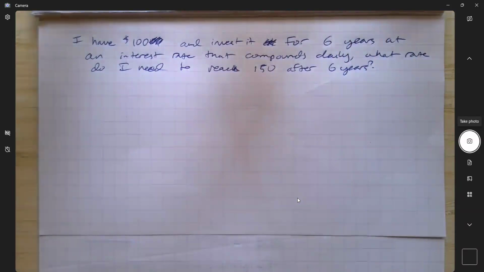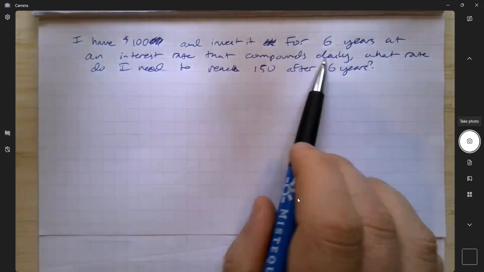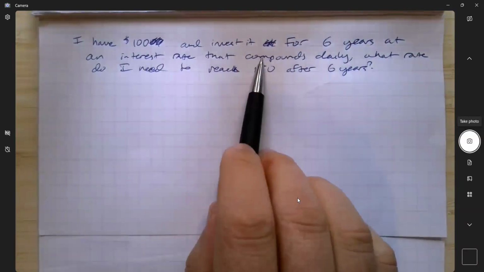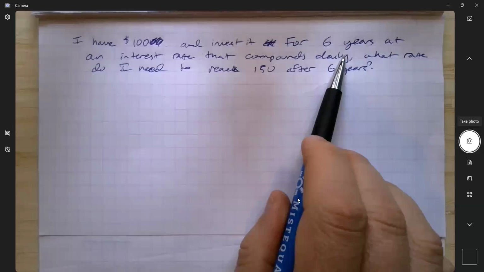So when you solve these sorts of questions, the first thing you should ask yourself is, what type of equation is this? It's going to be a compound interest equation because it compounds daily.